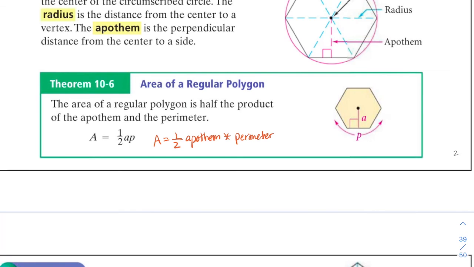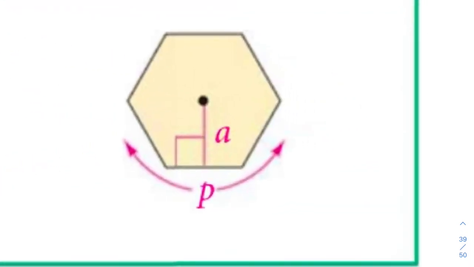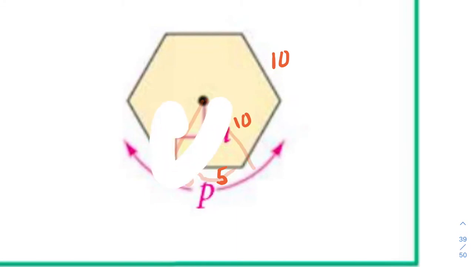A lot of the times, though, we need to break it up and find angles because we might not be given everything we need. If we're given that a base is 10, then we need to break this into 5 and 5. That would make this length 10 and that length 10, because it's really 10, 10, and 10. It's an equilateral triangle.